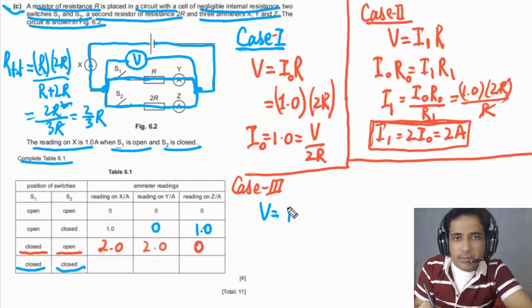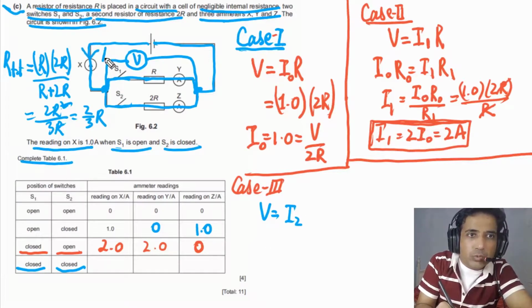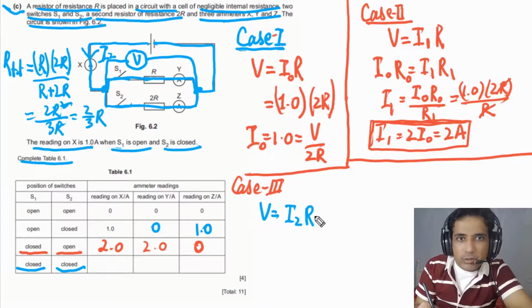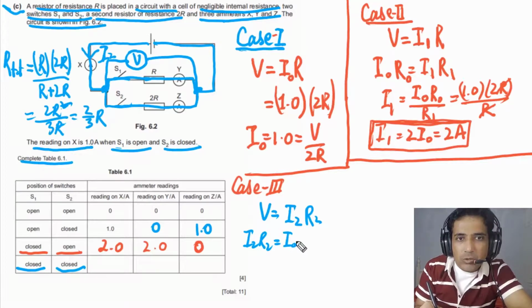And we can say this is current I2. We need to find out the value of I2, means current passing through X. So I2 times R2 again has to be equal to I naught times R naught.